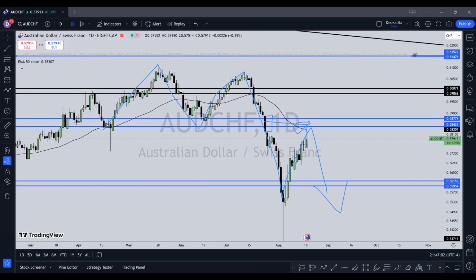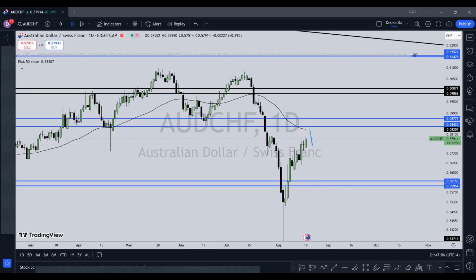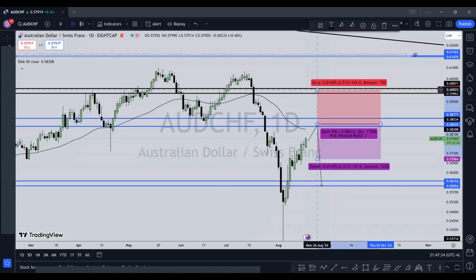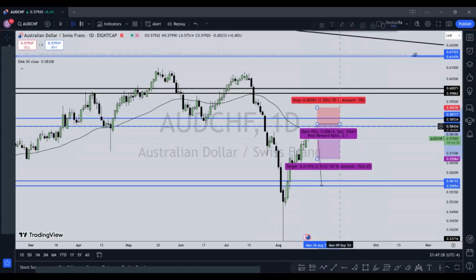So if we have a reaction here with maybe a bearish engulfing candle or a change of character, we can maybe take some short positions and ride price to the downside here. So I will add this also to my watch list and see how it's going to play out this week.